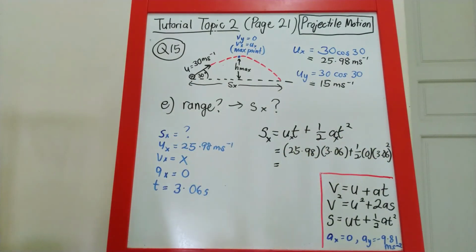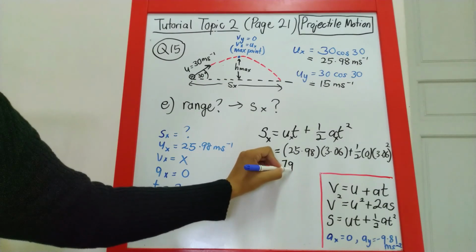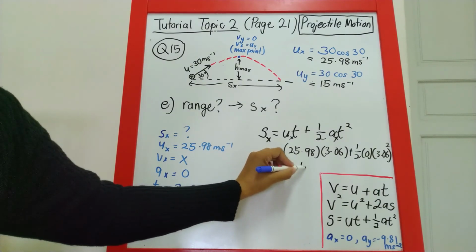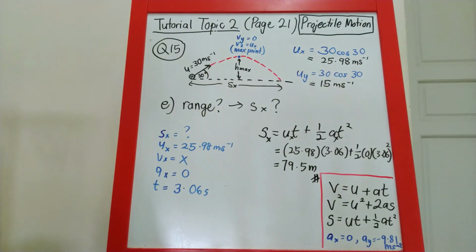Then press your calculator and you will get 79.5 meters. Okay, so that's all for question 15.